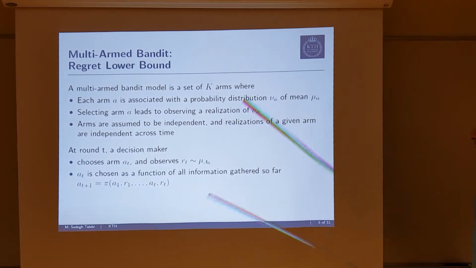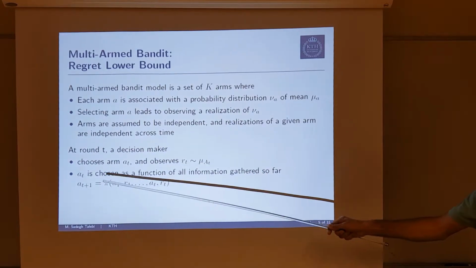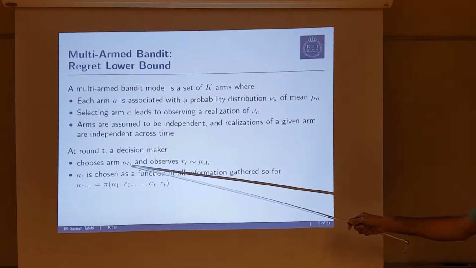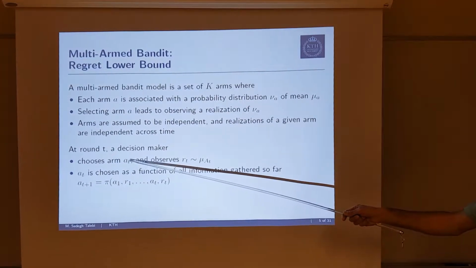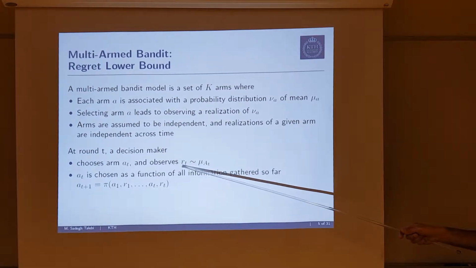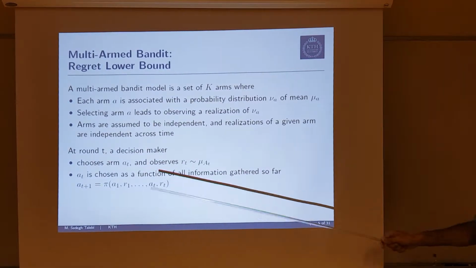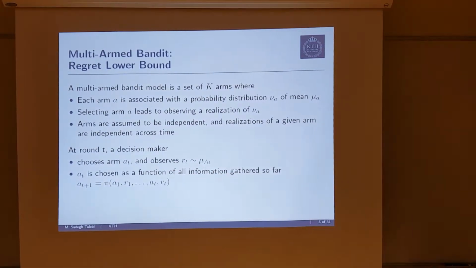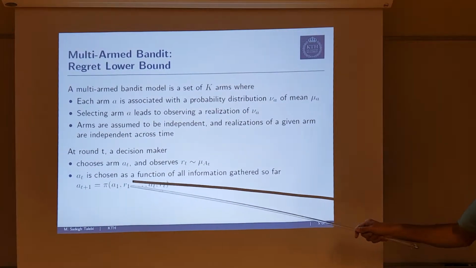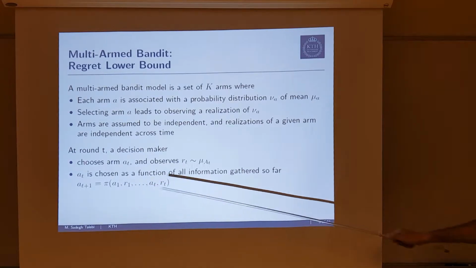This is a continuation of the model. At time t, you choose arm A of t, and upon choosing it you observe this reward, right? This capital A of t is chosen based on all the information gathered so far.